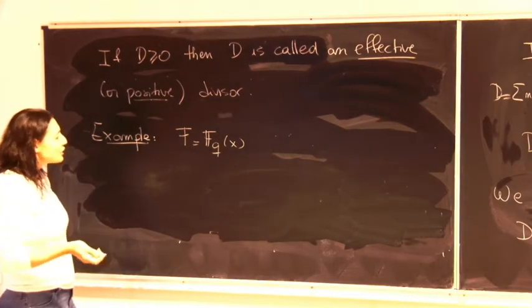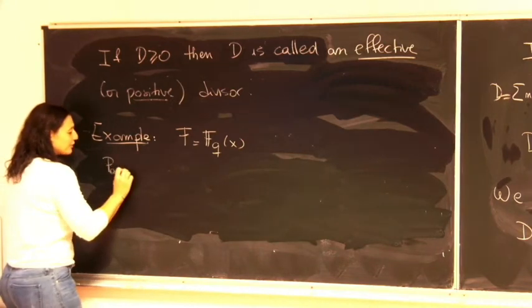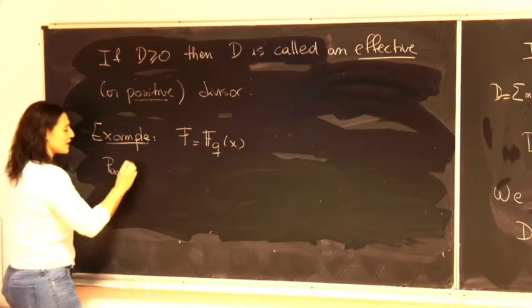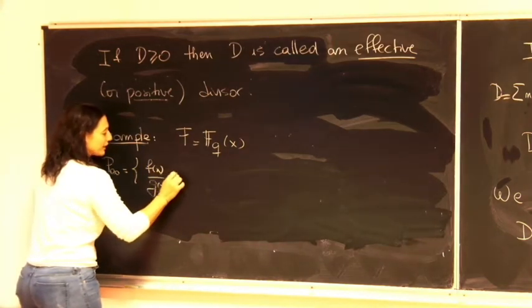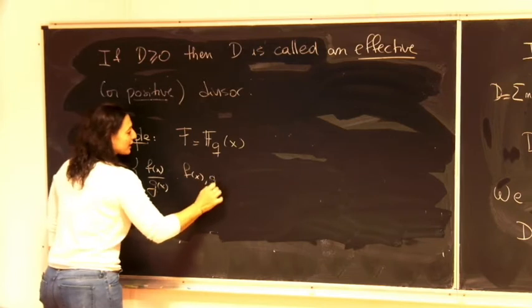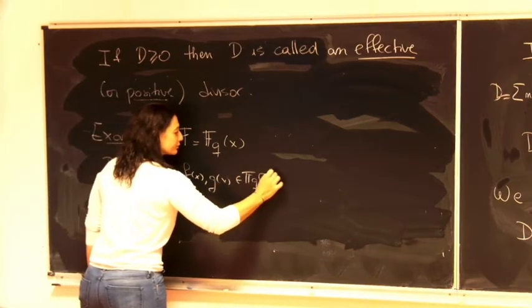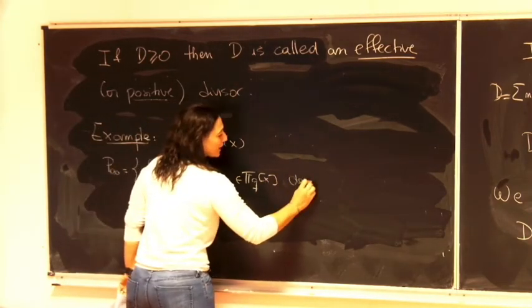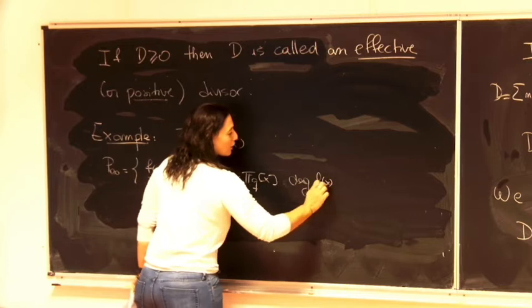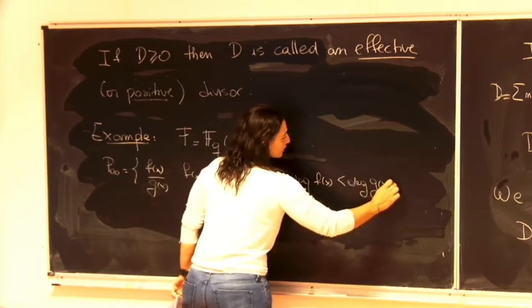Remember that P_∞ was the set of rational functions which were quotients of polynomials where the degree of the numerator was less than the degree of the denominator.